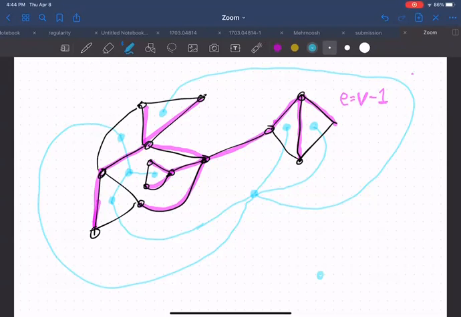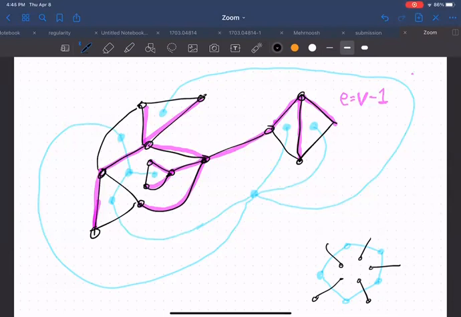Well, if the blue graph has a cycle, that means that the original graph has some edges in it that cross the edges of the blue cycle, and none of them were used in the purple spanning tree.